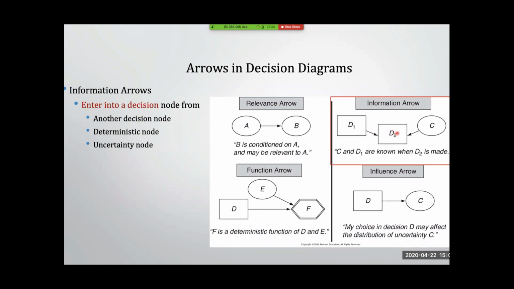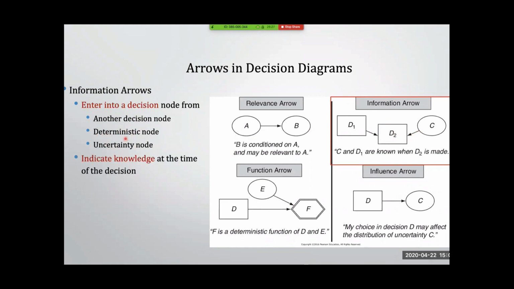It could also be coming from an uncertain node right over here. So this arrow going into D2 is also an information arrow, because it is going into a decision node. Also, you could have an arrow coming out of a deterministic node and into a decision node. Then you would also have an information arrow in that scenario as well. So this is what information arrows are.